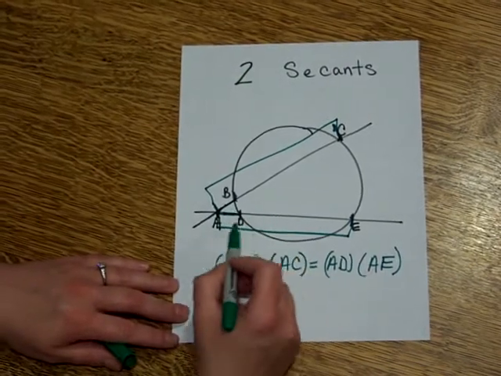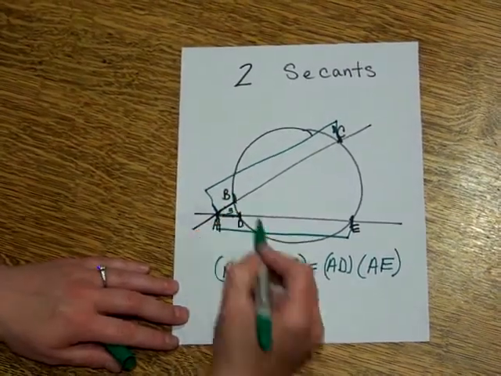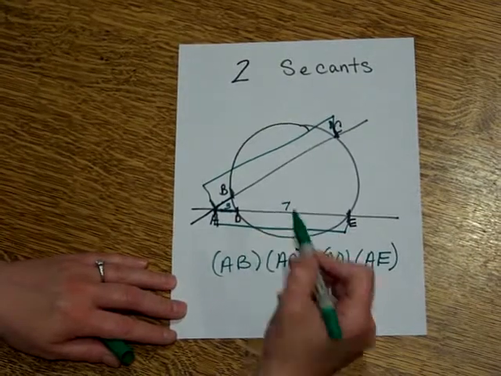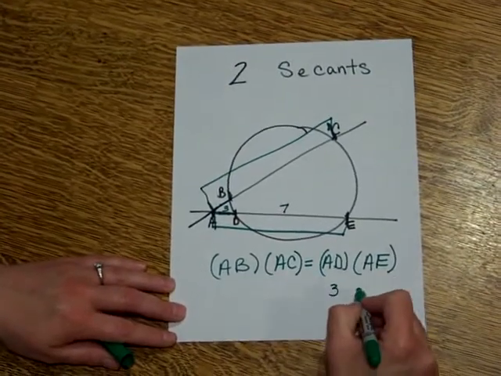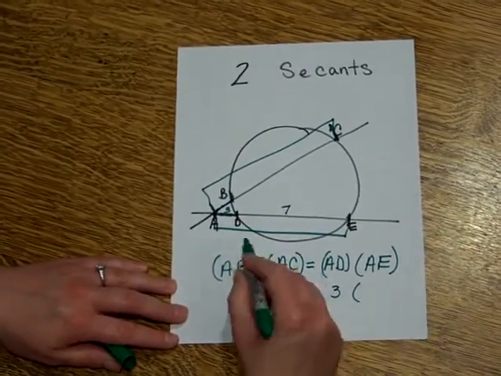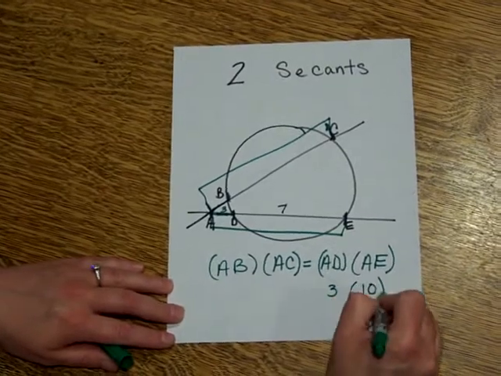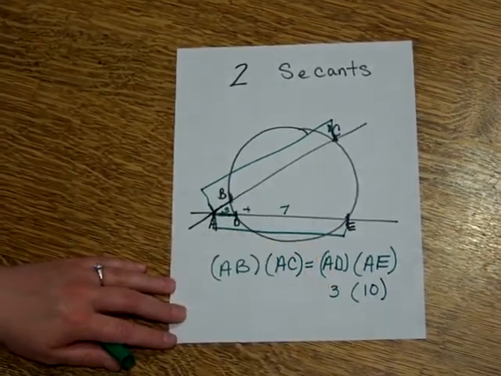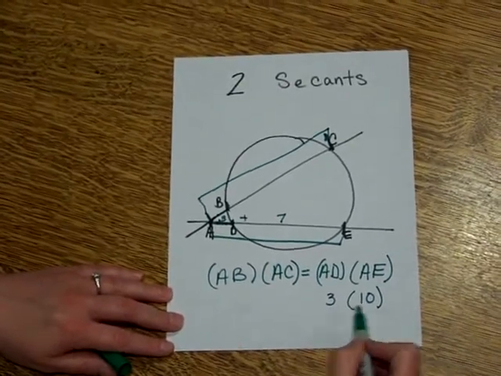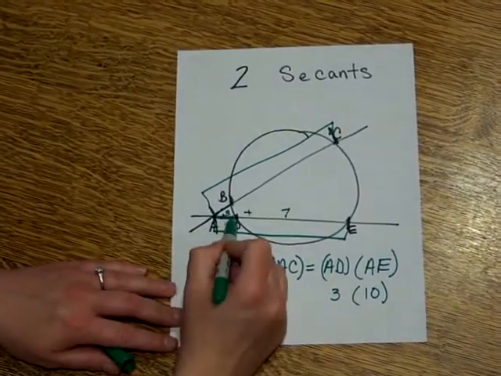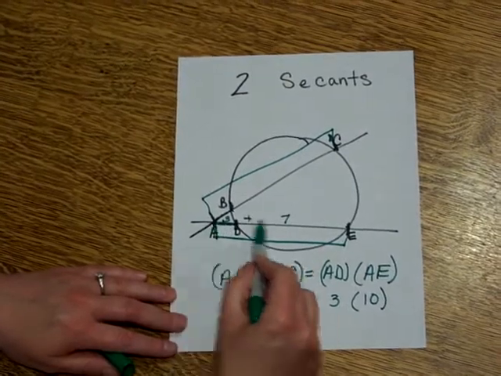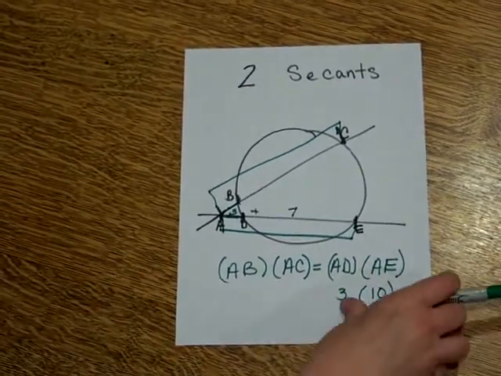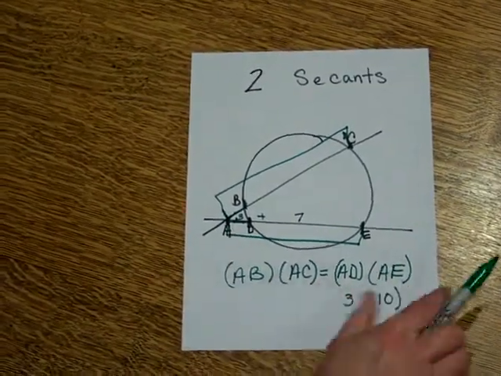So if I was given this piece of 3 and this piece of 7, it would be 3 times, not 7, but 10. I'm taking the whole segment there, 3 plus the 7, giving us that product. The external segment and the internal segment, the whole segment.